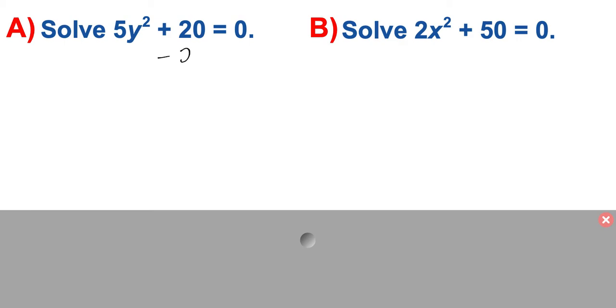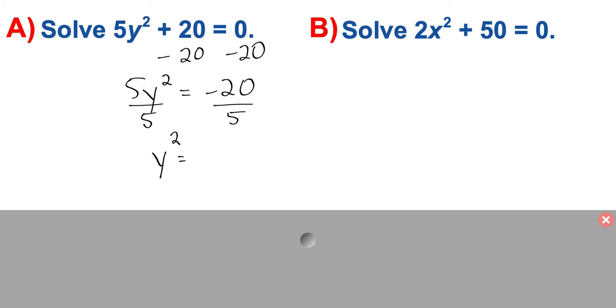So for A, I need to move the 20 over, and then I need to divide by 5. And we get y squared equals negative 20 over 5, which is negative 4. And then we just undo the exponent by square rooting both sides.